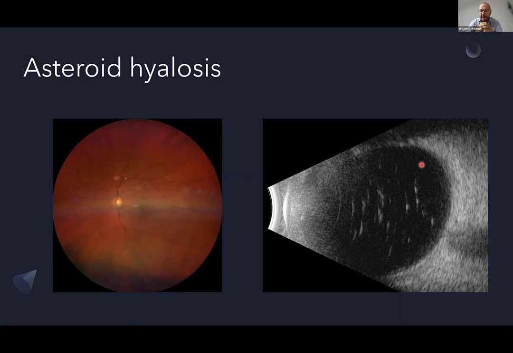The patient did not come with a floater problem. That was just an accidental finding that I've seen during this funduscopy. And I did ultrasound, noticing how many of those particles, highly echogenic particles, are there. So again, it shows us that ultrasound can show us a lot more floaters than are a problem for a patient.